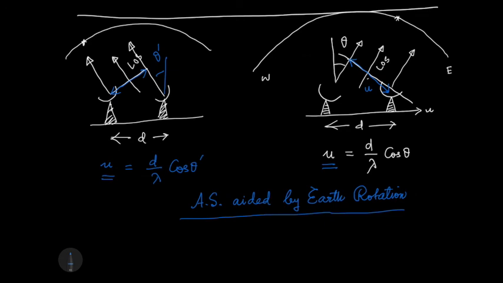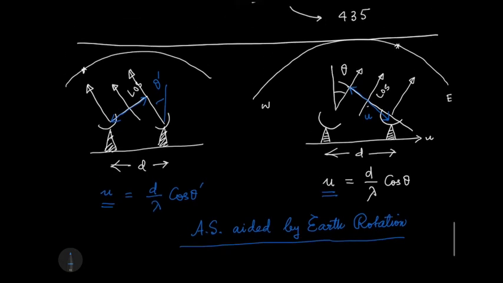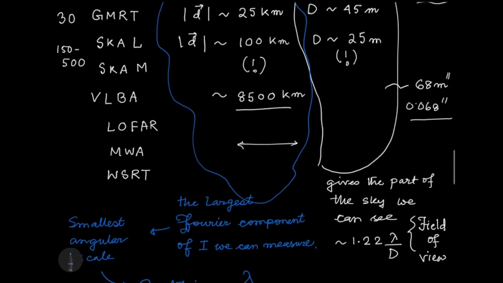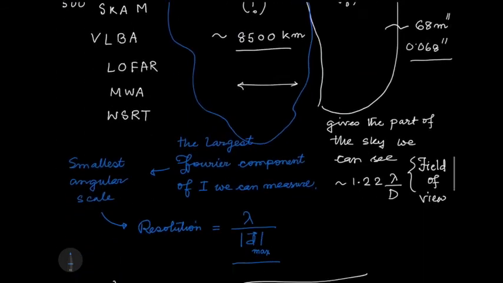I have not talked about many things, and it's entirely a subject, and a lot of people still work on the techniques of radio interferometry, including myself. However, it is not possible for us to discuss a lot in 2 lectures.